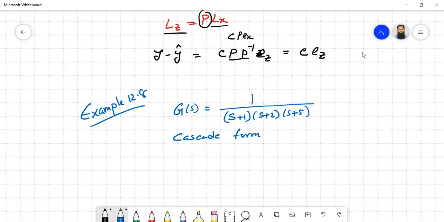You have to find out the closed loop performance of the observer. It is related to your example 12.5, and from that they already have the equation with which we have to compare. That equation is also given, but in an example it may not be given. You have to figure it out based on the values of your percentage overshoot and settling time. If it is given directly like this example here, then you just compare with this one.